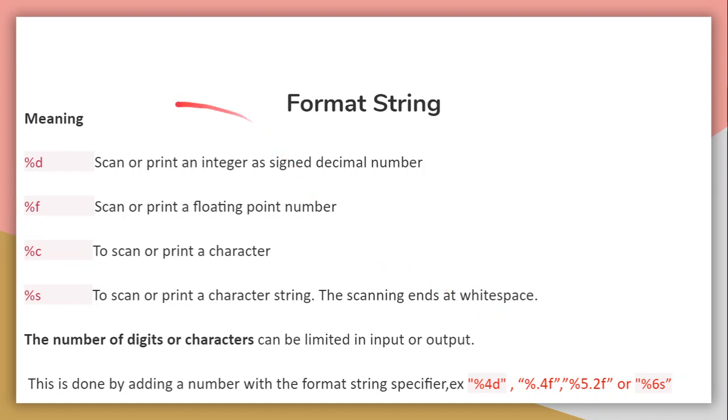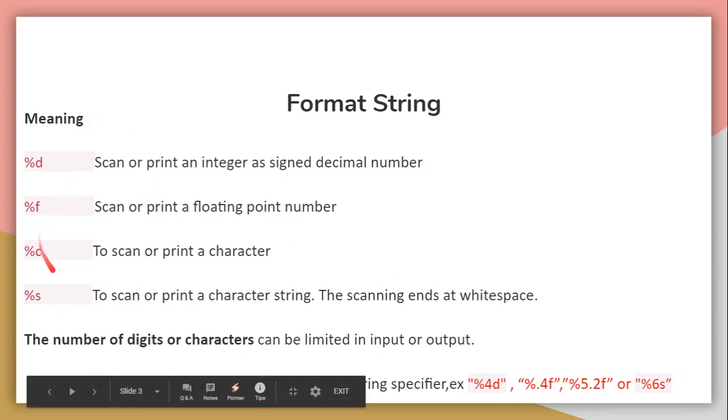So these are the commonly used format strings in our input and output statements, the scanf and the printf statements. Here the number of digits or characters can be limited in input or output. What is the meaning of this? We can specify the number of characters like %4d, %5.2f, %0.4f, %6s.